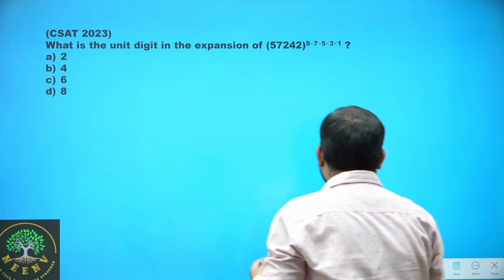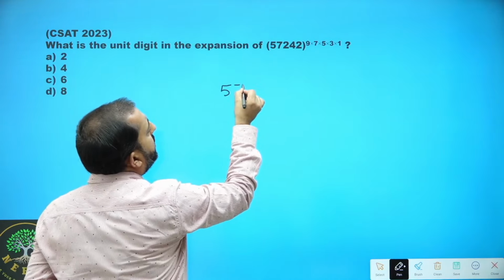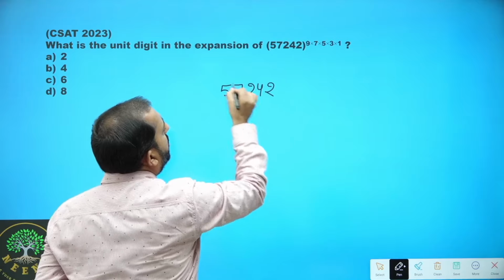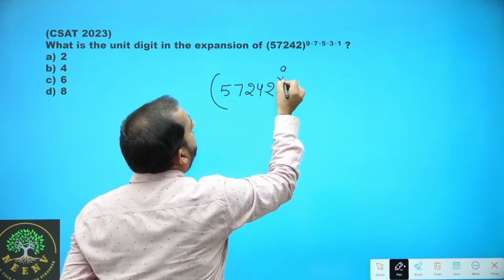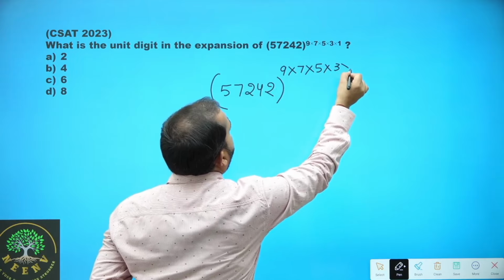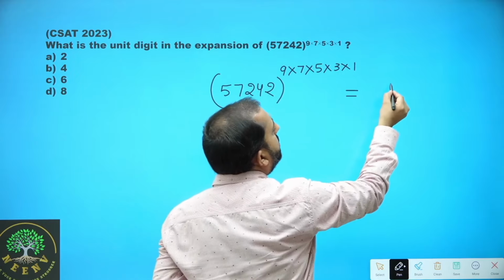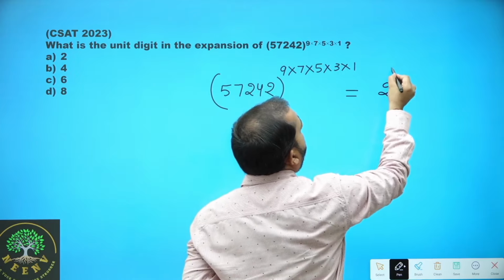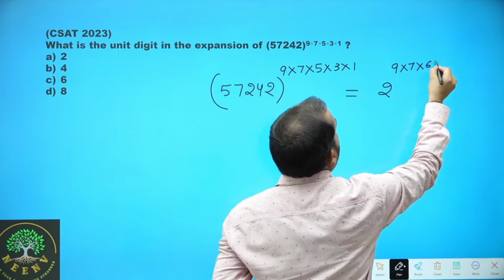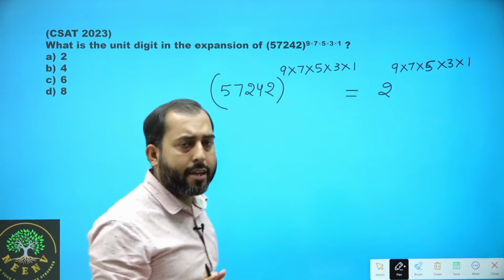Now, the unit digit of 57242 raised to the power 9 into 7 into 5 into 3 into 1 and the unit digit of 2 raised to the power 9 into 7 into 5 into 3 into 1 has to be the same.